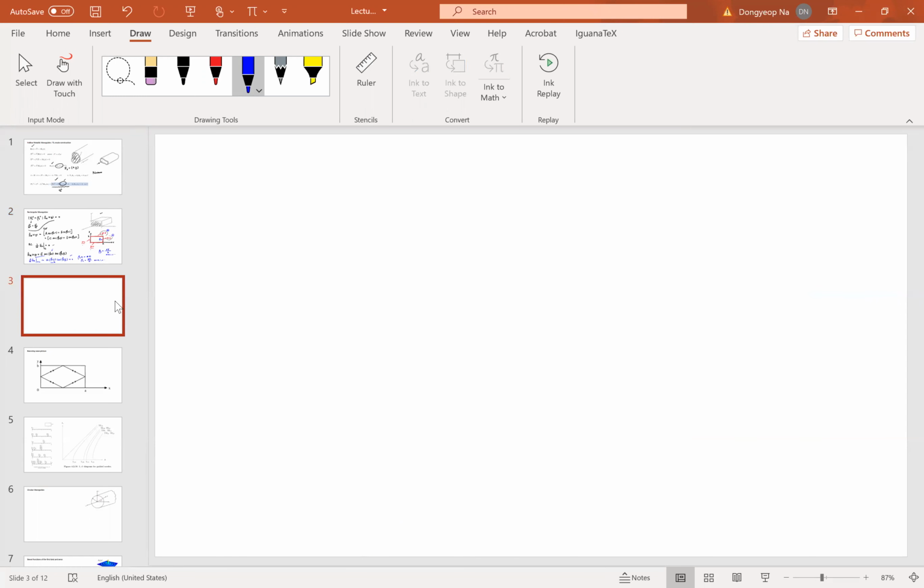So our solution is going to be some constant times cosine m pi over a x, and cosine n pi over b y.